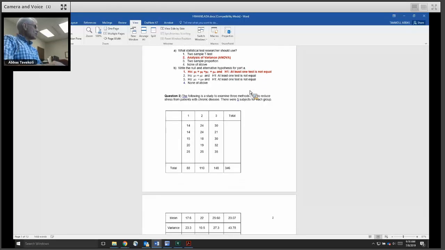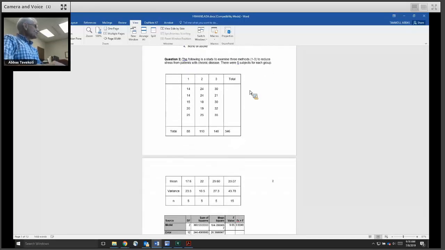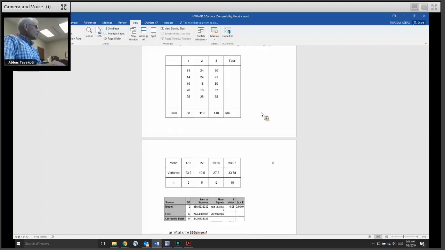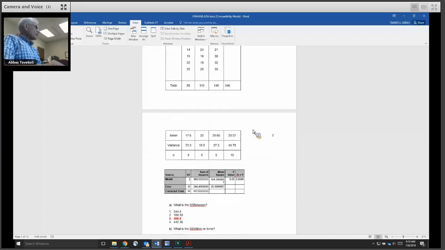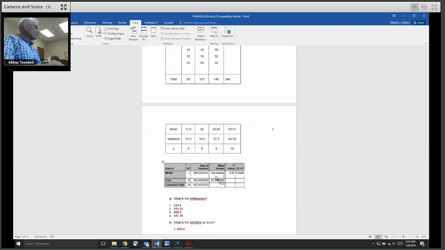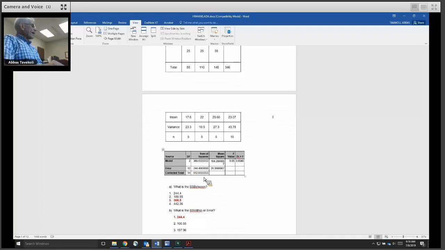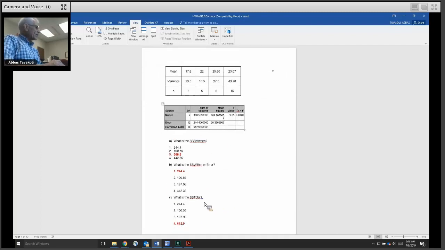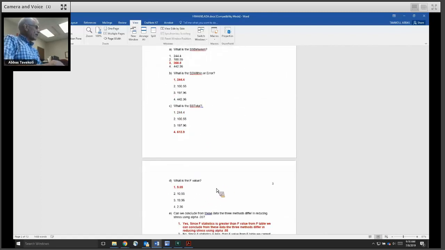So that's question one. Question two: we have three methods to reduce stress, methods 1, 2, and 3, and we have 5 subjects for each method. I asked you to calculate, either using the table I provided or by hand, the sum of squares between, within, and total, and your F value.